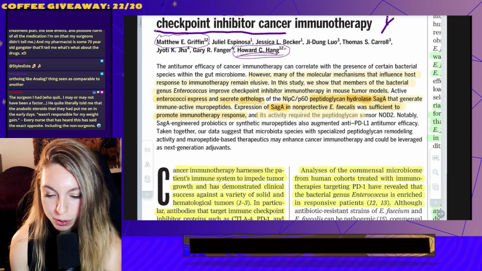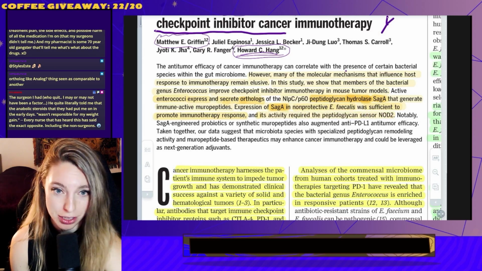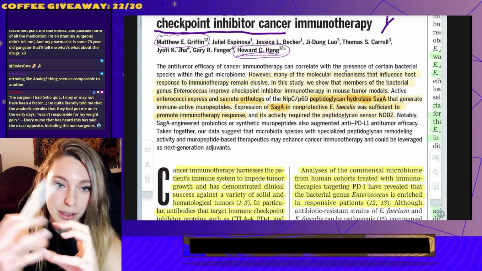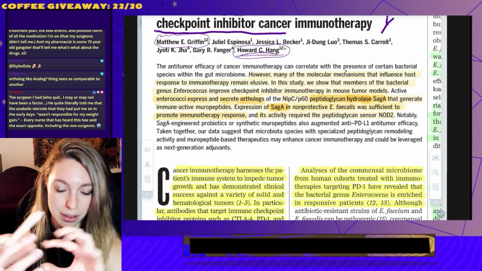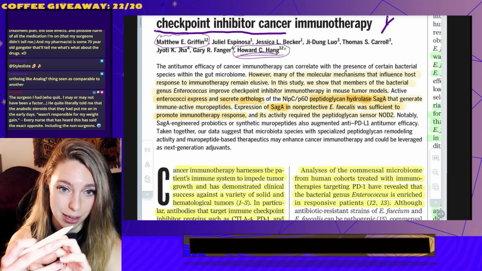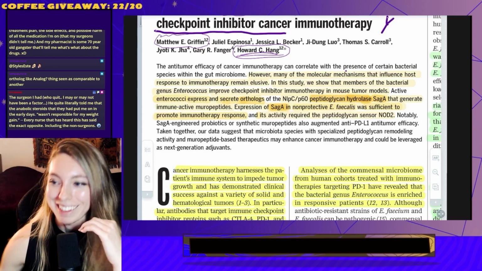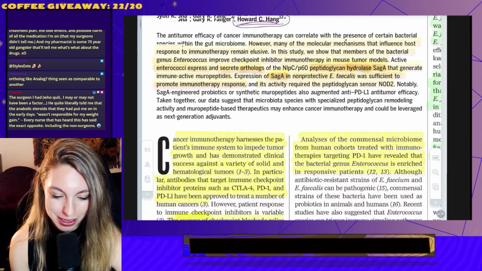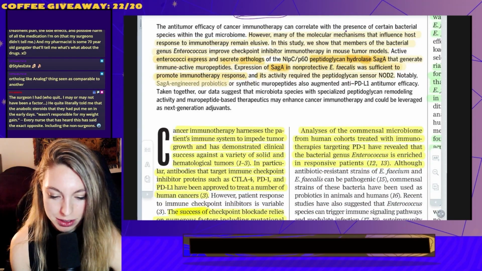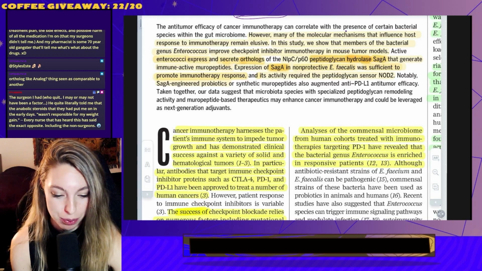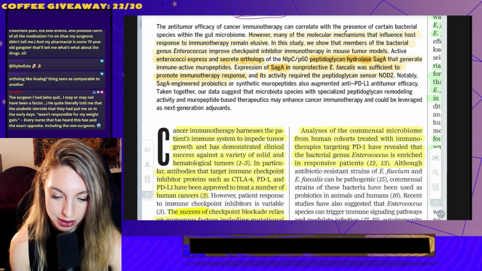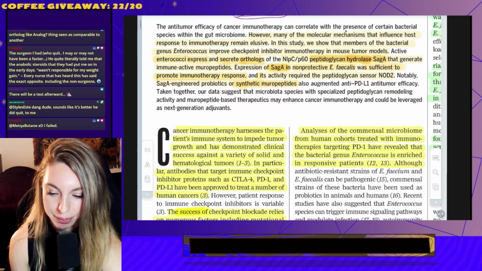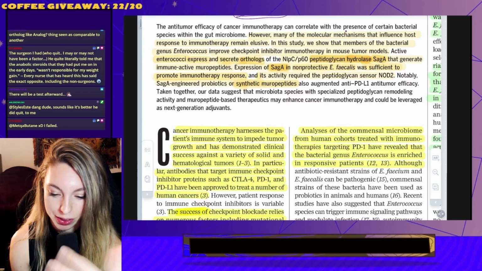And its activity required the peptidoglycan sensor NOD2. NOD2 is a special little receptor on immune cells that specifically binds and gets activated by little bits of the cell wall from bacteria, peptidoglycan. This is a lot of words. No, it's a lot. Notably, SagA engineered probiotics, so they made other bacteria express SagA, our little Pac-Man friend, or synthetic muropeptides could also help with clearing the tumor.